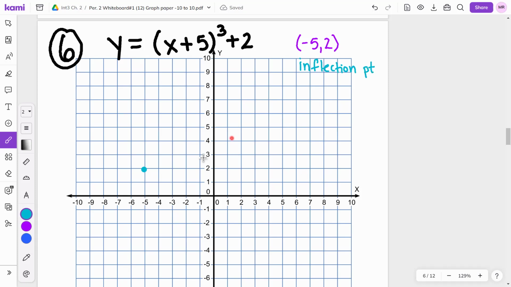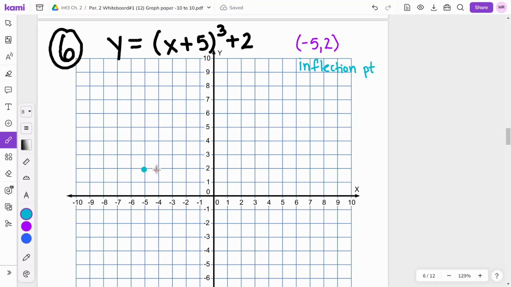So now from here, I am going to be pretending that this is like my 0, 0. And I am going to be basically doing 1 cubed, 2 cubed, 3 cubed, -1 cubed, -2 cubed, -3 cubed. So I'm going to come back here.